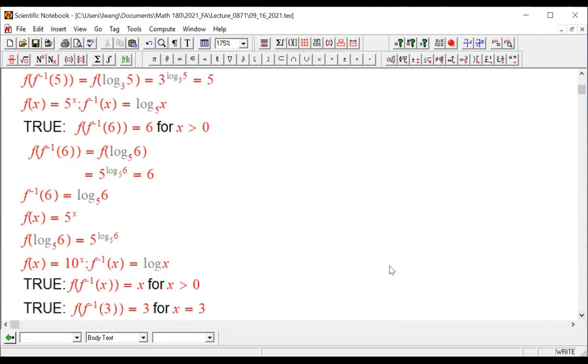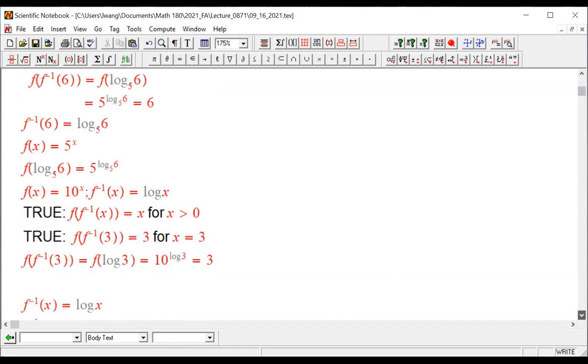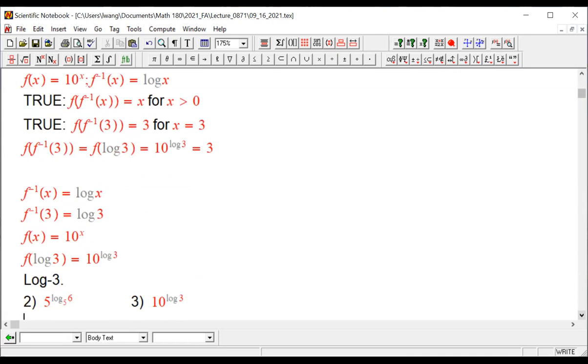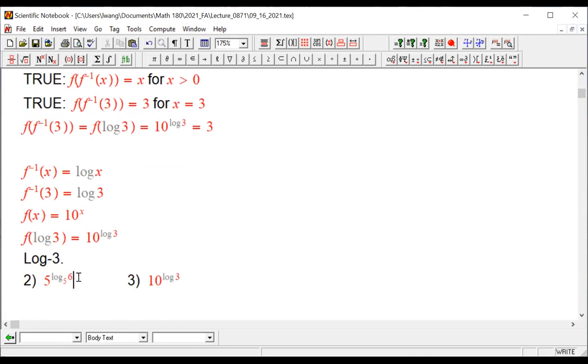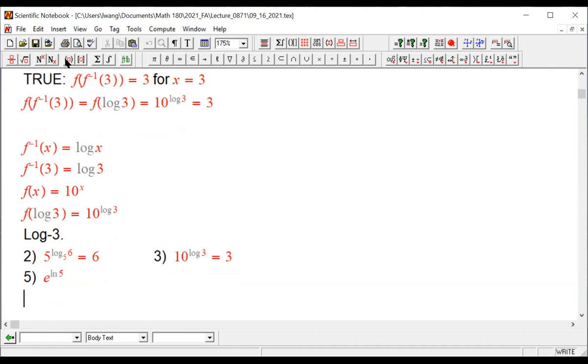So we know the answer. This is 6, you already got it. This is 3. So how about number 5? Number 5, we have e raised to the power of ln 5. What is this?